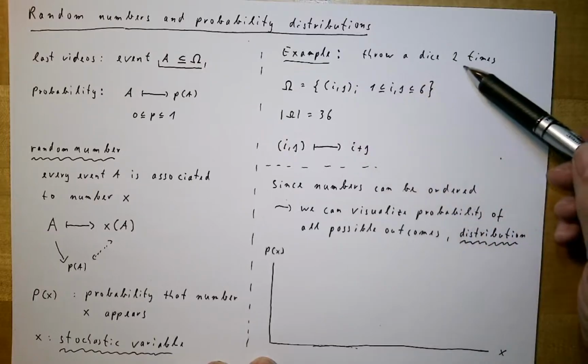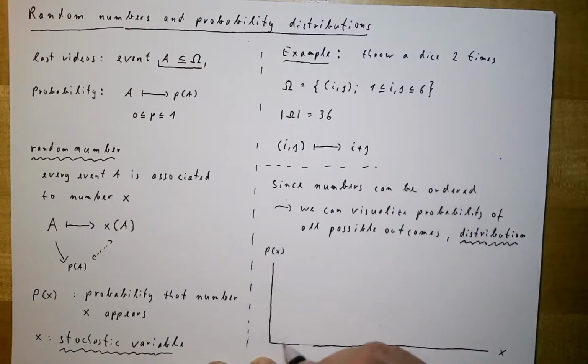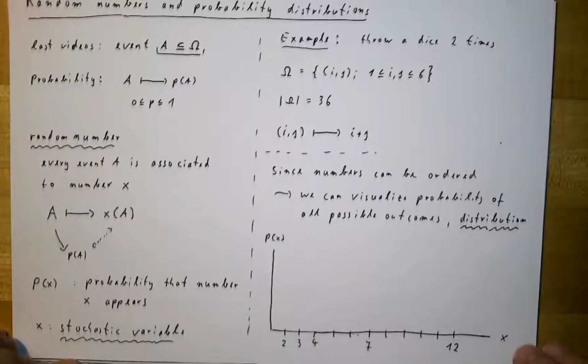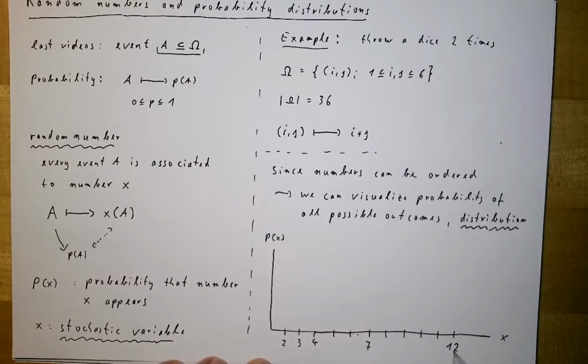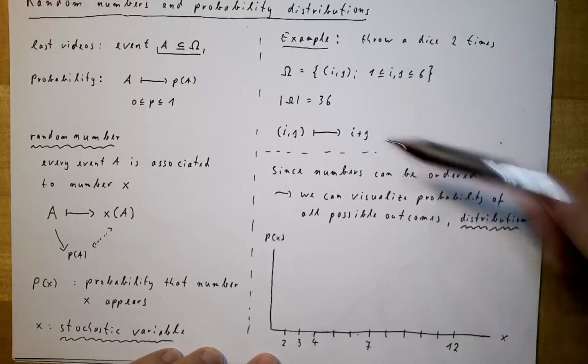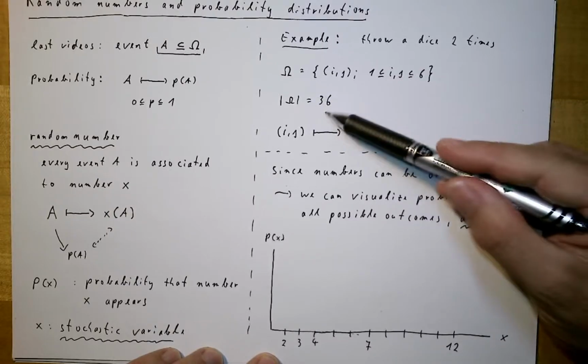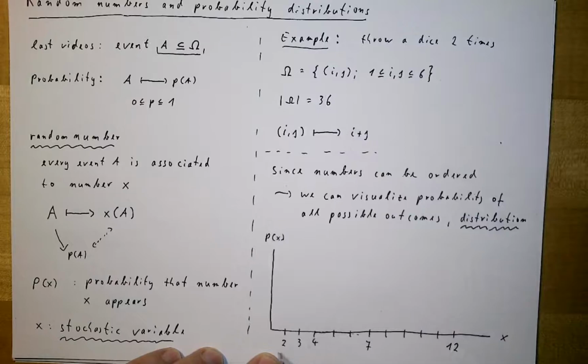The sum of two dice, the smallest possibility is 2, if both dice have 1, and then we can have 3, 4, and so on. And we can go up to 12. 12 is the largest outcome that we can have as the sum of two dice. So even though the sample space has size 36, we have only 11 different random numbers.